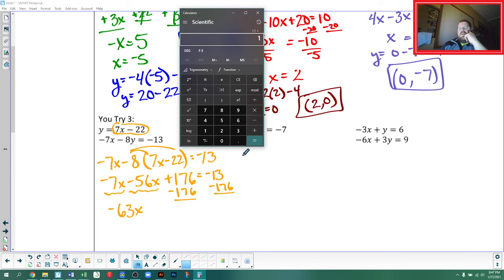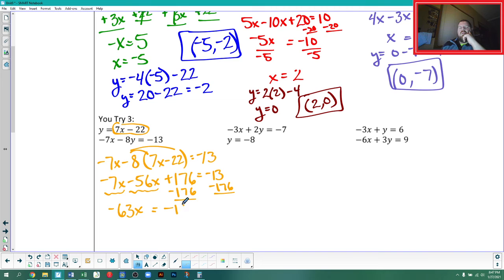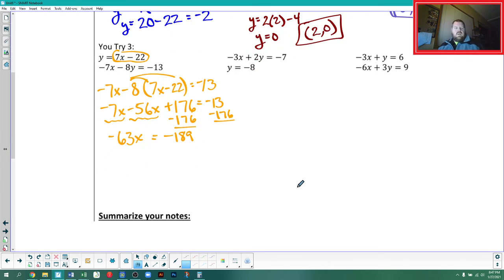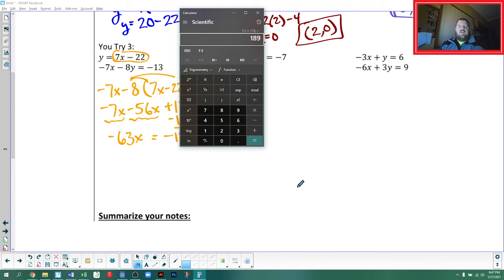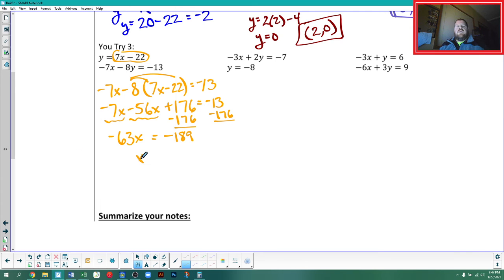So I'm going to go 13 plus 176 because my calculator doesn't do negatives very well. And that's 189, so it's a negative 189. Okay. And now I need to divide that negative 189 divided by negative 63, which is going to give me a positive, and it's positive 3. So after all that ugly work, it came out with a pretty nice answer, x being positive 3.